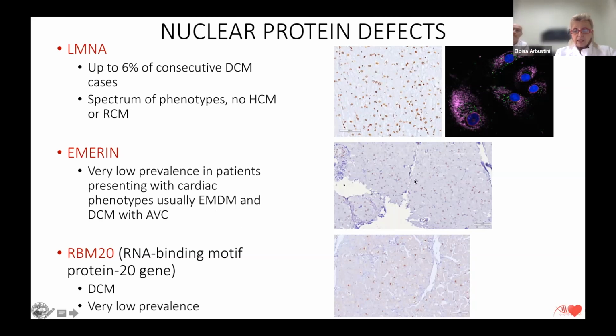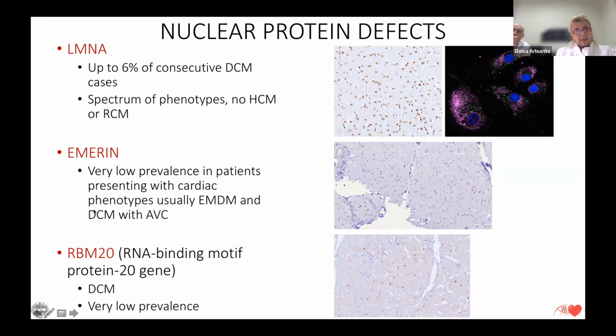Here you see the typical nuclear expression of the protein. The same is true for RBM20, the RNA binding motif protein 20 gene, which is associated with dilated cardiomyopathy and is again typically expressed at the nuclear level. So we have 3 important proteins, but one is very common, lamin A/C. The other ones are far less common.